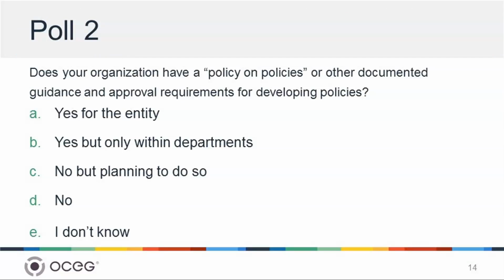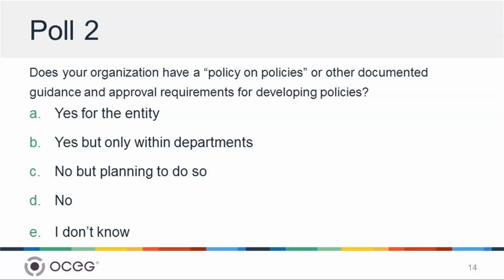And our choices are yes for the entity in its entirety, yes, but only within specific departments, or perhaps each department has its own. No, but we're planning to do so. Just no and no plans. Or if you don't know the answer to that question, just say I don't know. We just need you to answer the poll so you can get your CPE credit too.